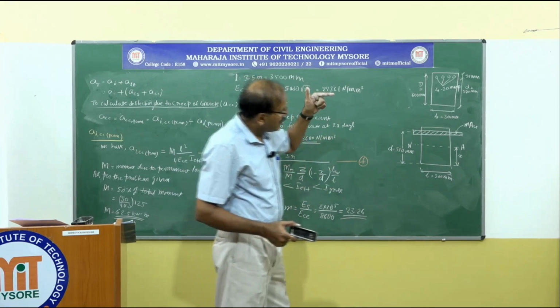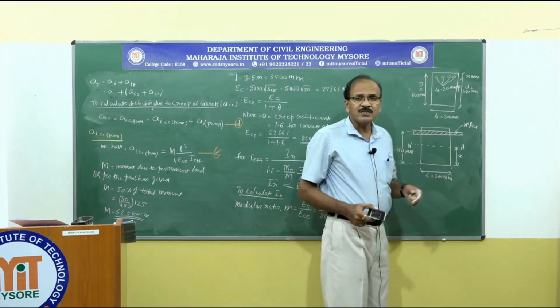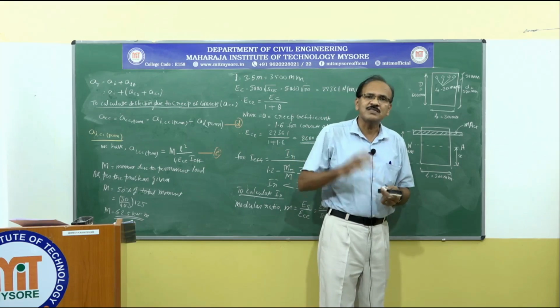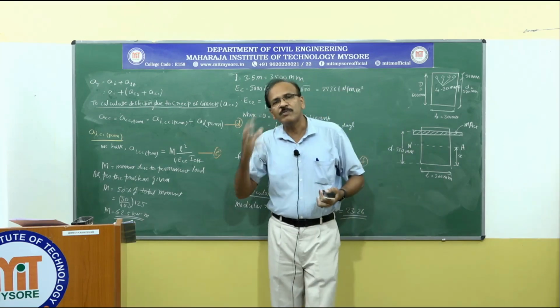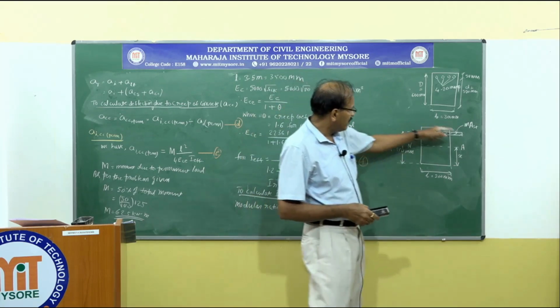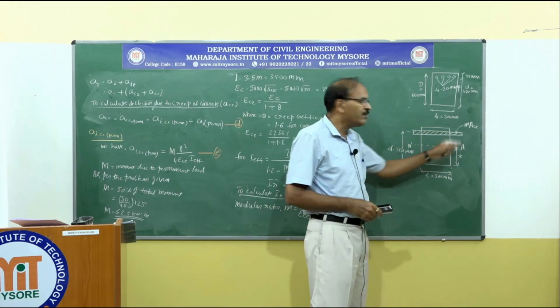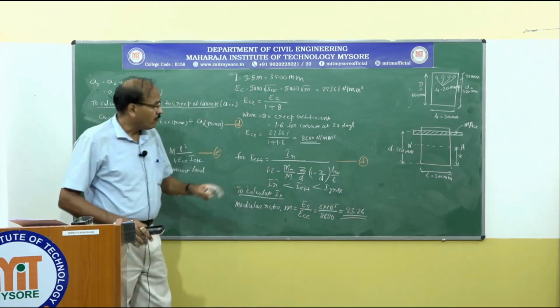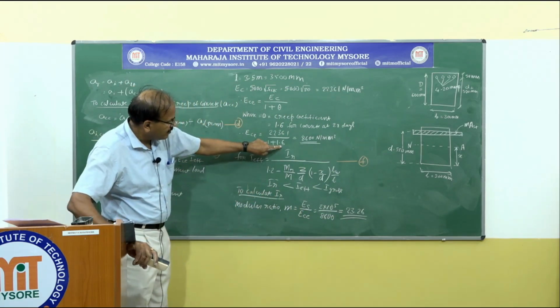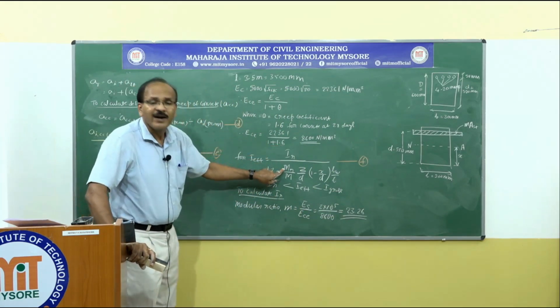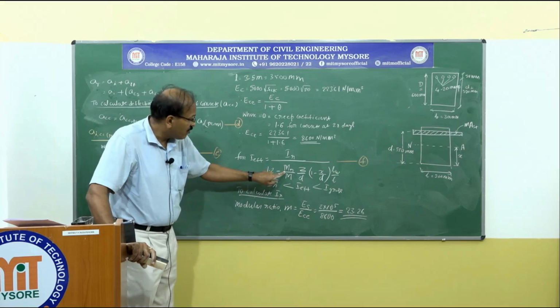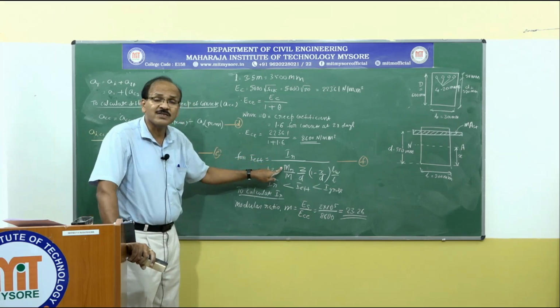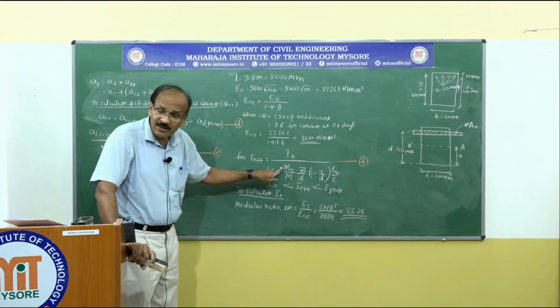That gives the depth of the neutral axis. Once we know the depth of the neutral axis, easily we can find out what is the moment of inertia of the whole cracked section about the neutral axis. That is IR value.